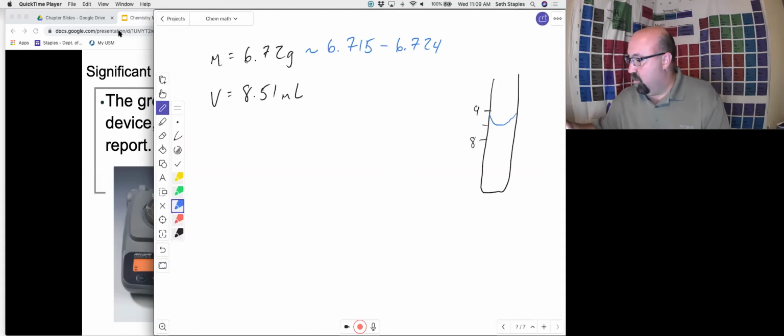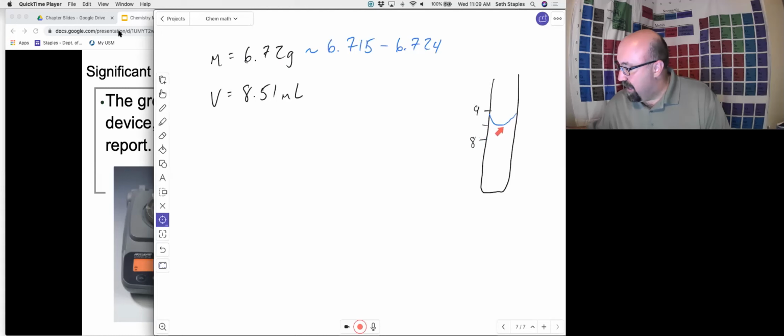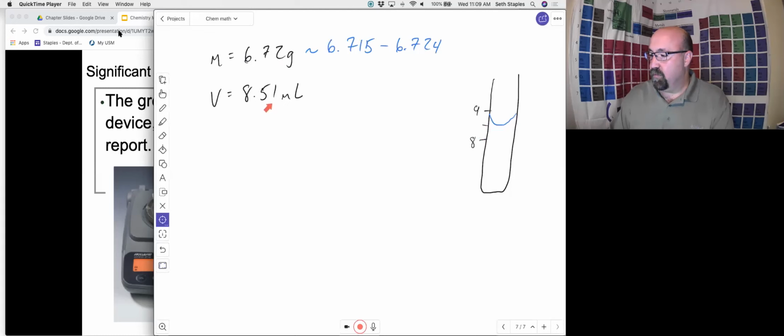And so we can directly measure in this case the 8.5, because we have markings that go to 8.5. But then we estimate ourselves and we say, well, the meniscus, our line here, is slightly above that. And so we estimate that last point to be 8.51. Now again, that last point is estimated.